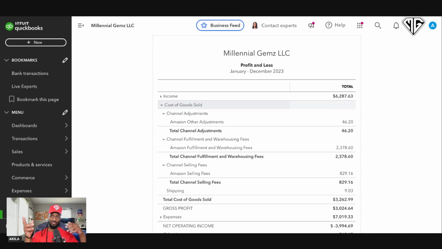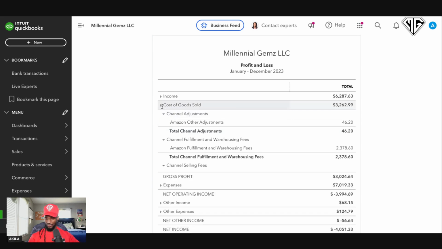Sometimes I had to go to the couriers like UPS and USPS and pay for the shipping. So those are all cost of goods, everything related to helping sell the product.